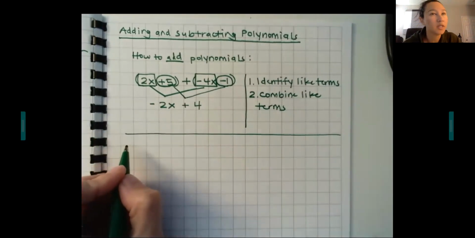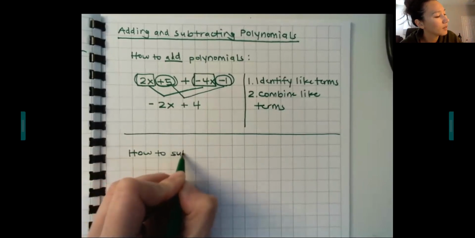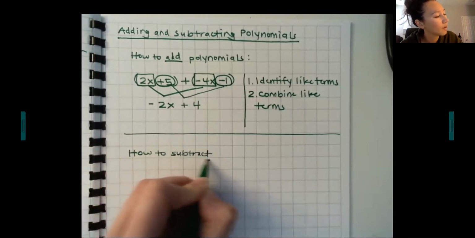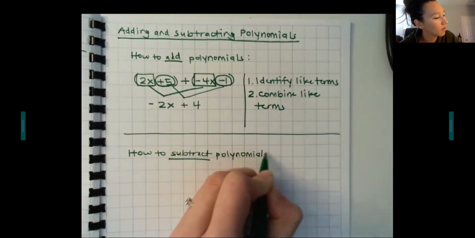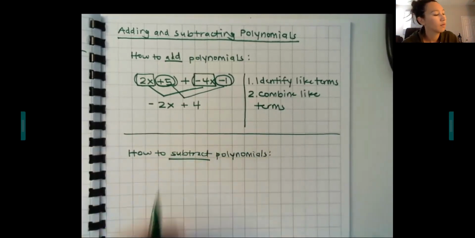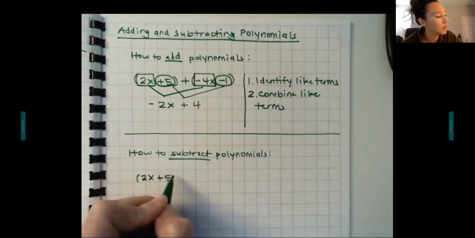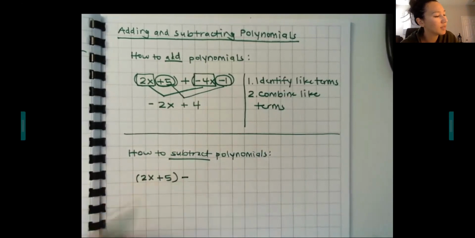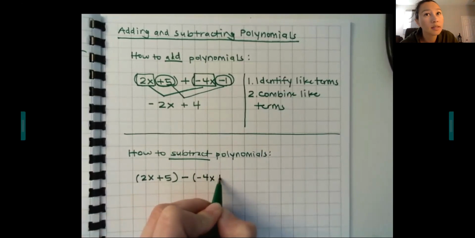Subtracting, there's one more step we're going to have to do. So how to subtract polynomials. So it's 2x plus 5, but instead of being a plus, we're going to switch it to a negative 4x, minus 1.